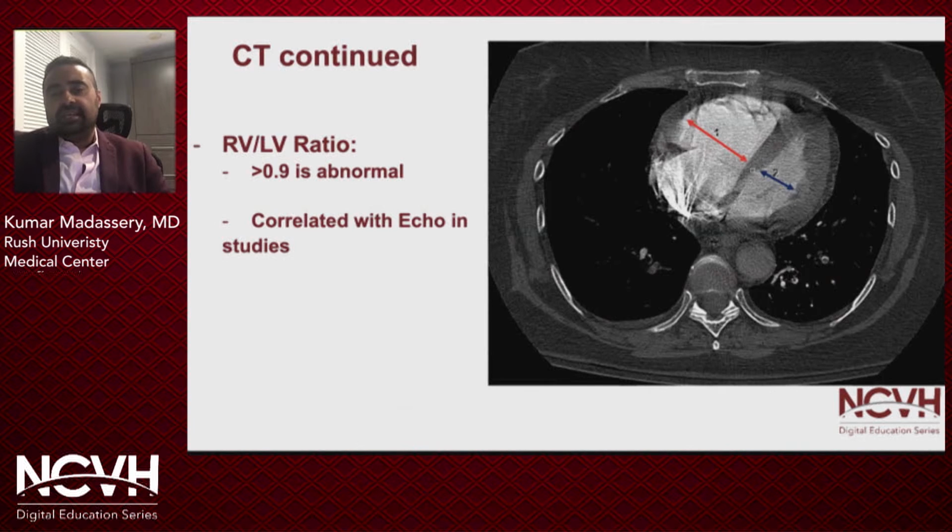Another thing that angiogram has really helped us with is giving us an idea of how significant the PE burden is on the heart. What we've been able to find now is by evaluating the RV to LV ratio, which is done almost on every scan now by most places, it gives you an idea of how the heart function is. It's been well validated, confirmed with echocardiogram, that if you have a right ventricular to left ventricular ratio greater than 0.9, that's abnormal and the heart's at risk.